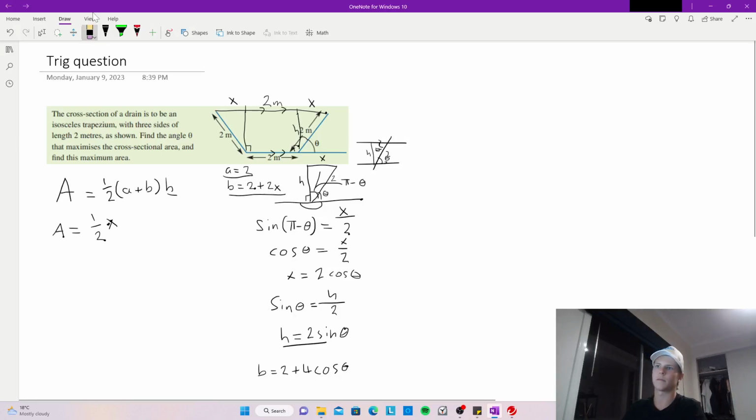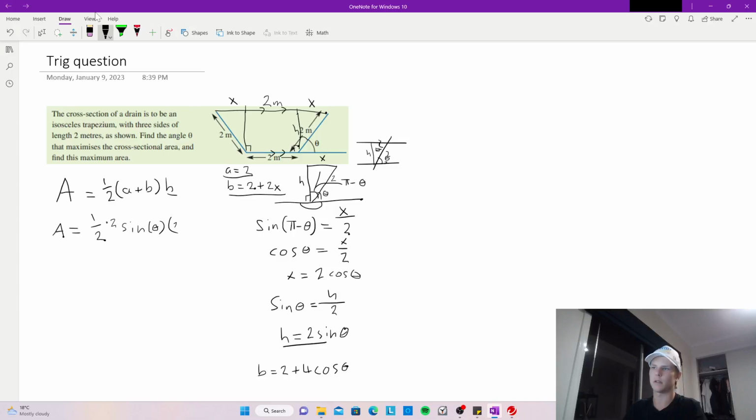multiplied by 2 sine theta, and then we've got our brackets here, which is a plus b.